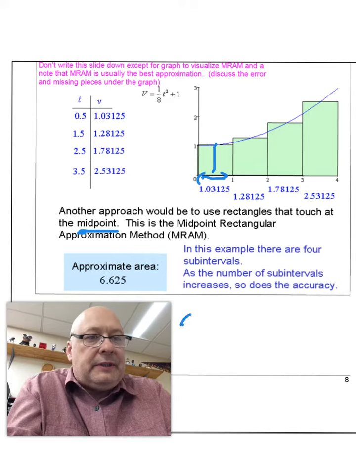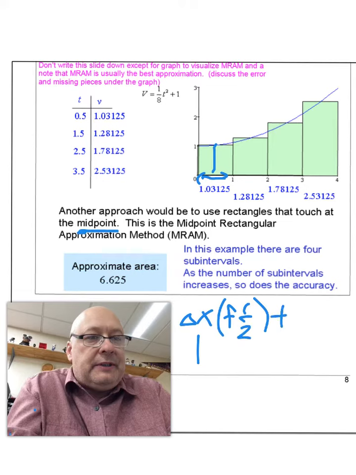So once again, you do delta x or delta t, which in this case is 1. It's not always 1. And you multiply that by, in this case, this is weird, f of 1/2. And then you would do the same.